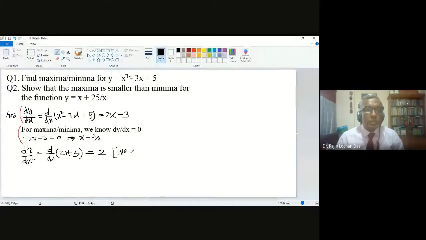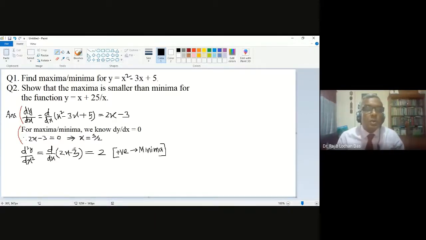We already told that there will be only one thing, maybe maxima or maybe minima. So in this case, it will be minima because the second derivative is positive. And the second derivative is just a constant number, positive number, so minima, but it has no dependency on x.